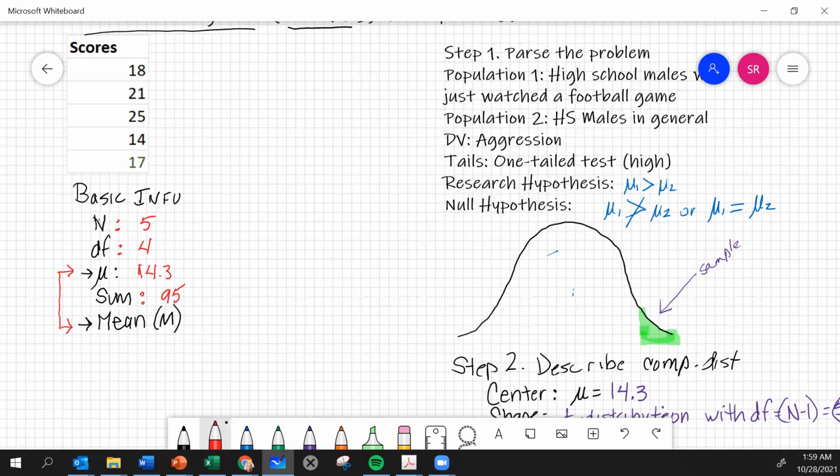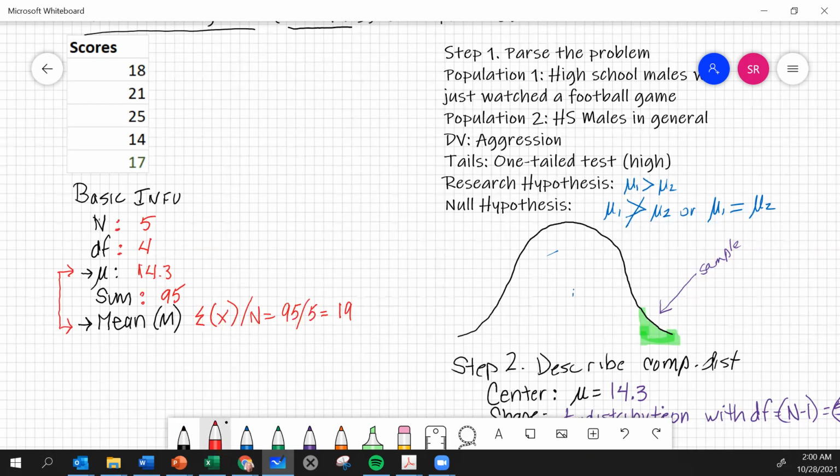To get the mean, we take the sum of all the scores and divide by n, which is 95 divided by 5, which equals 19. So the mean is 19.